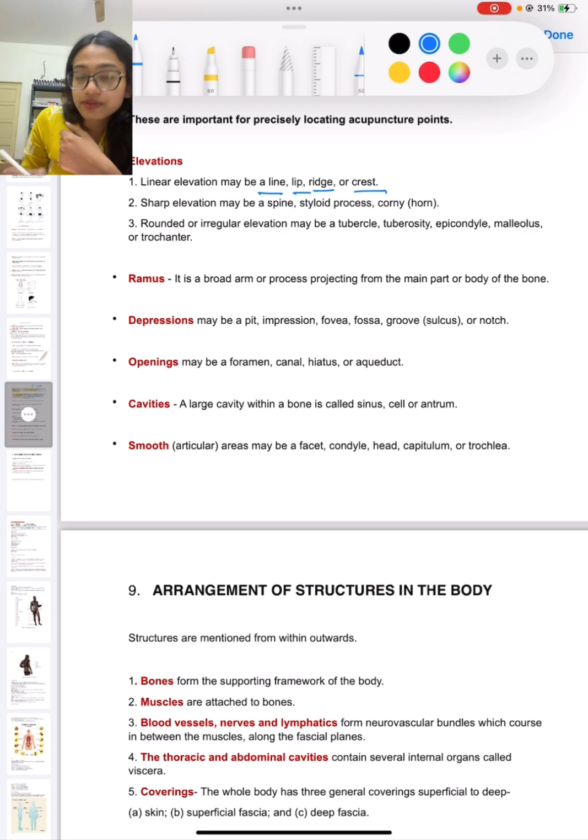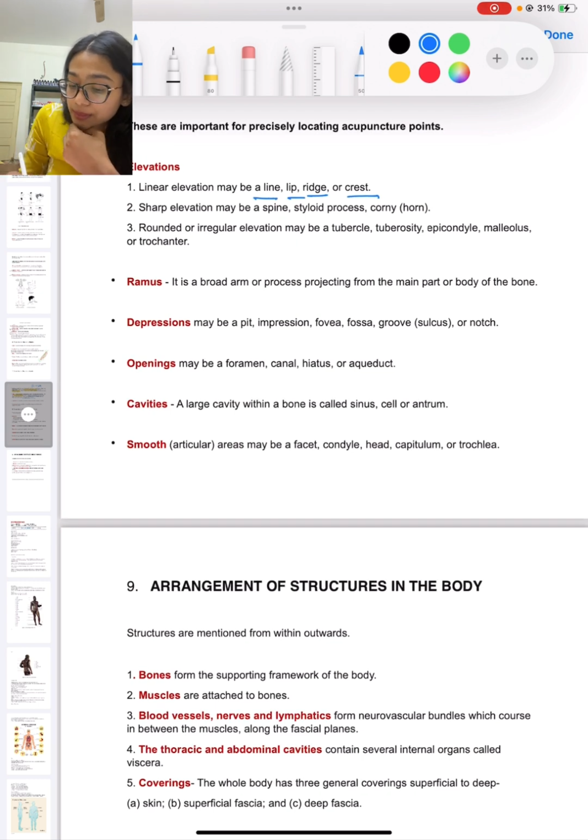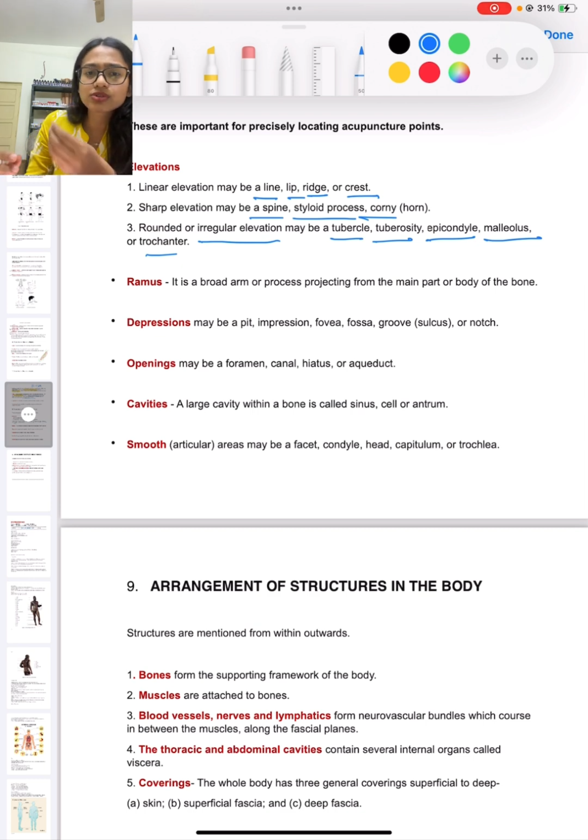Okay, we'll see one by one in the bones topic. Sharp elevation may be a spine, styloid process, cornu. Rounded or irregular elevation may be tubercle, tuberosity, epicondyle, malleolus, and trochanter. These are a few terms we use for explaining the parts of the bones.